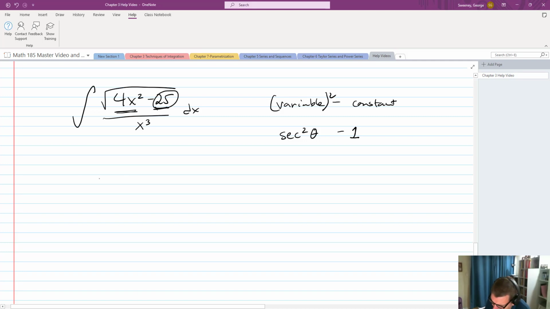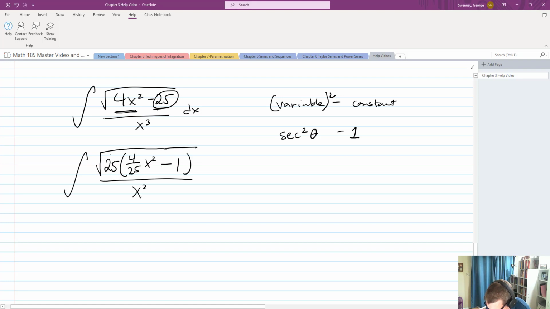And how I'm going to do that is factor out 25. So that's going to give me the integral of the square root of 25 times 4 over 25 x squared minus 1, over x cubed. I want to turn this into a 1, and you'll notice that's going to start to look like exactly what I need for secant squared theta minus 1.